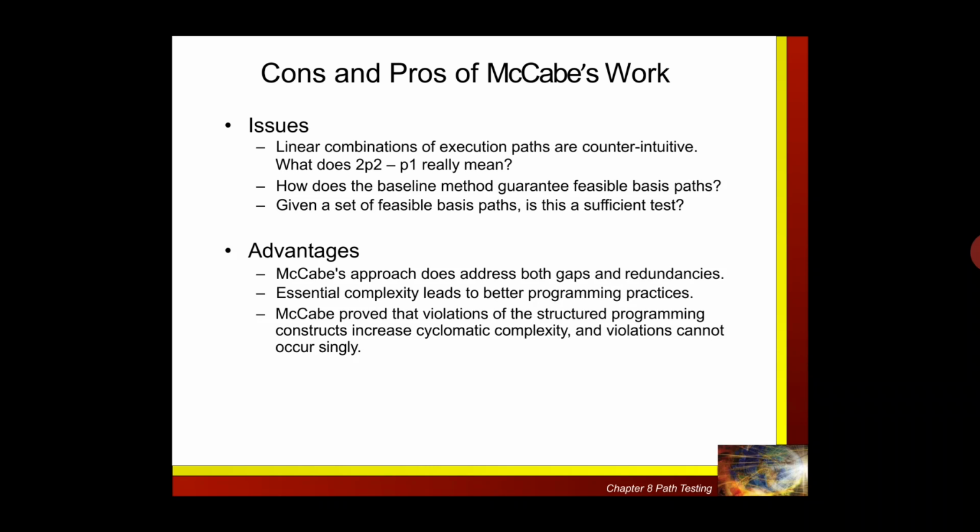The third one is, given a set of feasible basis paths, is this a sufficient test? You need to find whether this test is sufficient, or whether there is no proper method to achieve this. This is another issue.